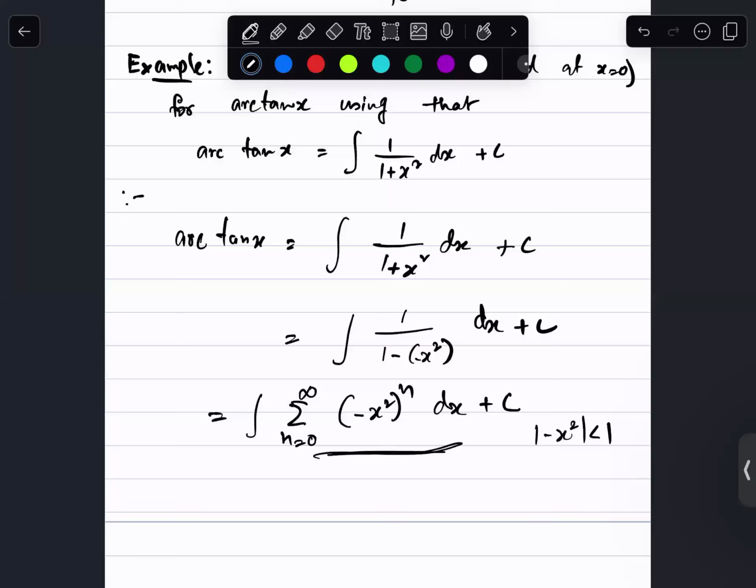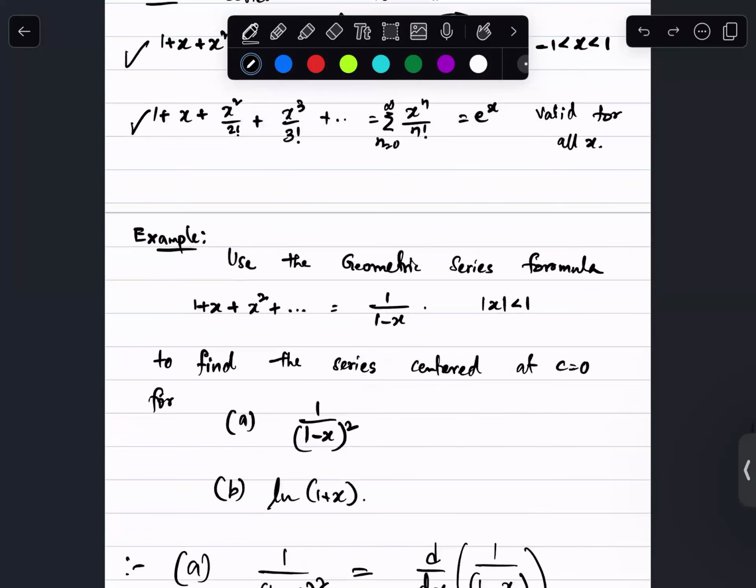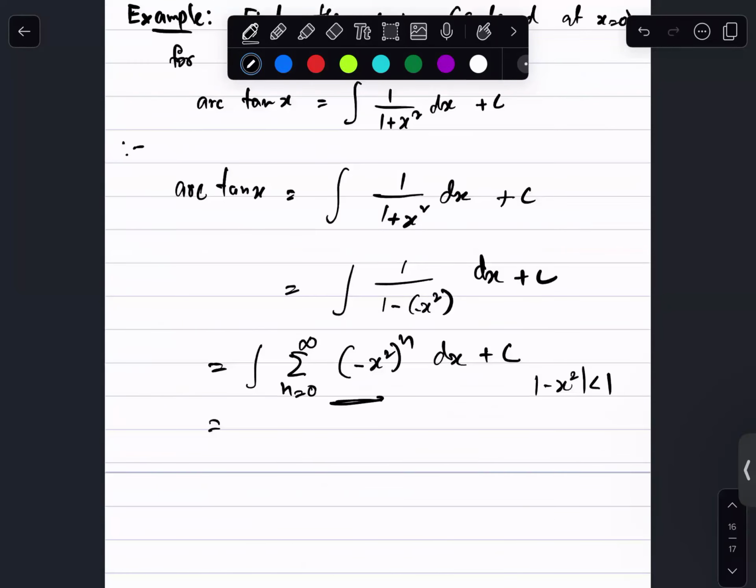This is just the short form for the geometric sum. So I have written this with x replaced with minus x squared as a short sum, because I don't want to write the whole thing. And then I can do the integration term by term, that is, I can interchange the sum and the integration like this.